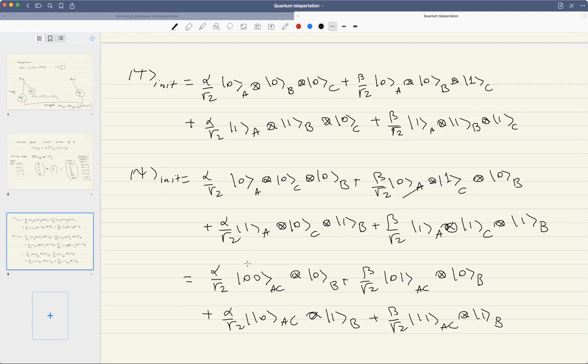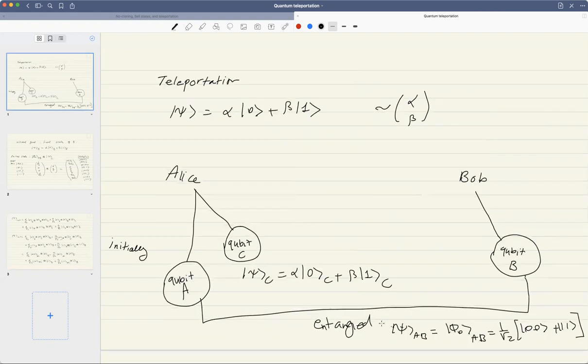So far we arrived at this expression, and so far we haven't done any measurement. We just kept massaging this initial state. This state, written this way, is still the same as that initial state. It's like a pure single qubit state for qubit C, and there is this entangled state for AB.